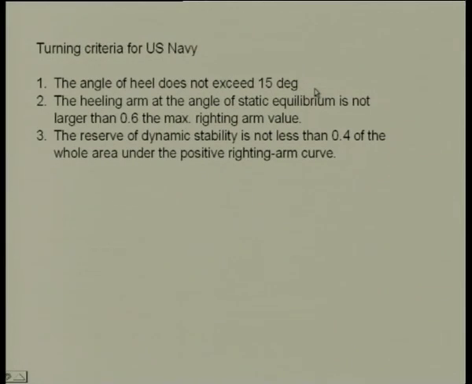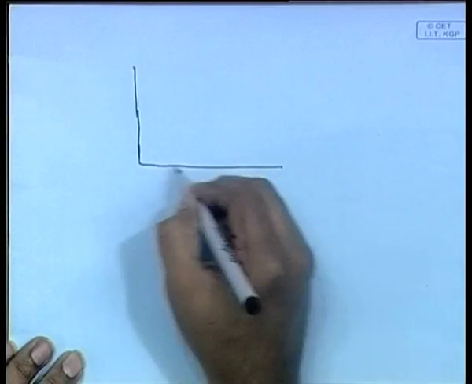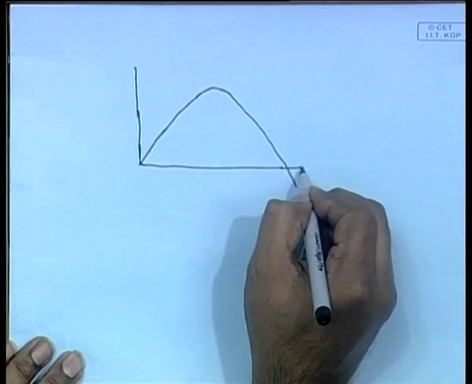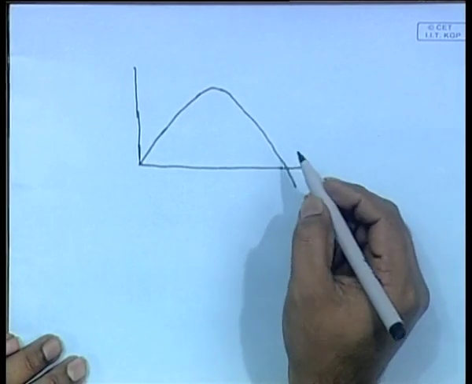So, when the ship is heeling, we have already seen the expression for the turning moment and the turning lever, and because of this lever, as you remember, we have already drawn curves for statical stability with the turning arm. So, you have the curve of statical stability.